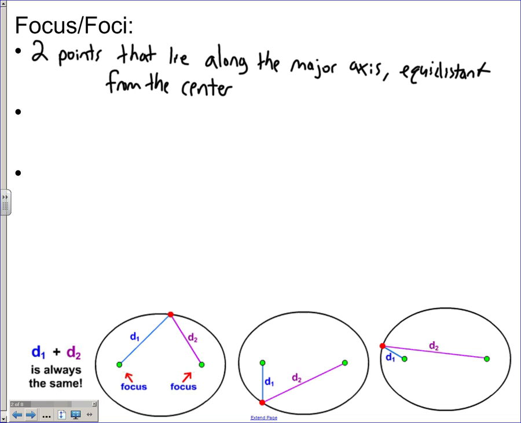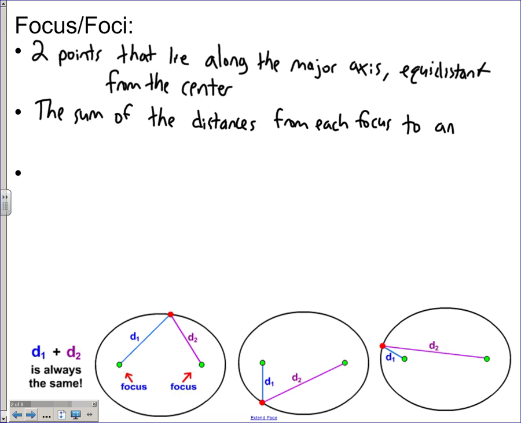Okay, and our second property is that the sum of the distances from each focus to any point on our ellipse is a constant.